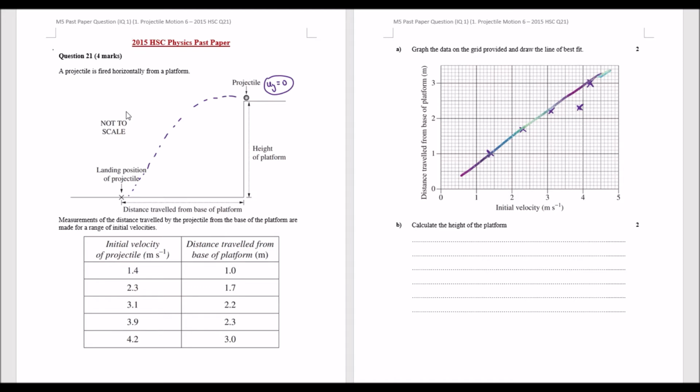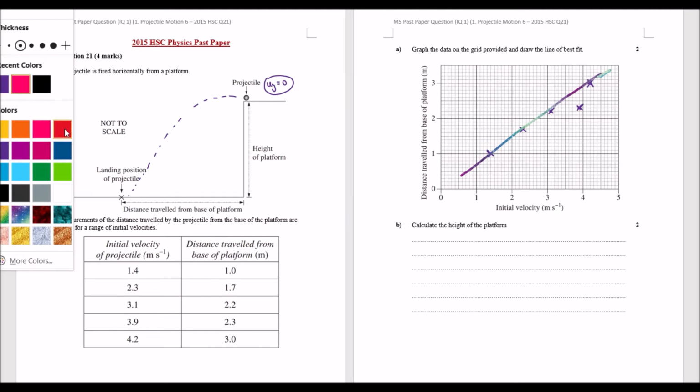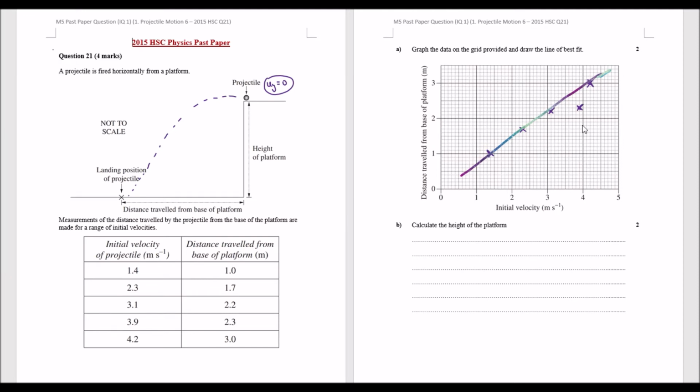Now, obviously, we do have an outlier here, so we do need to factor that in, or at least indicate to the marker that we see that as an outlier. So I'm just going to circle this, and I'm going to say that this is my outlier of my graph. Just so the examiner knows that I didn't consider that as my final answer. Okay, so that's relatively straightforward to do.